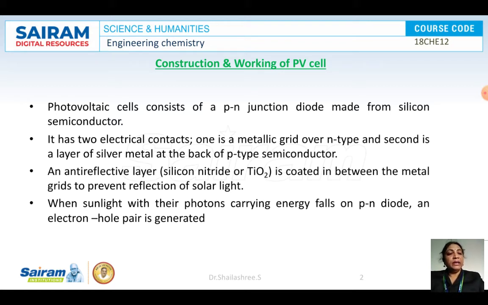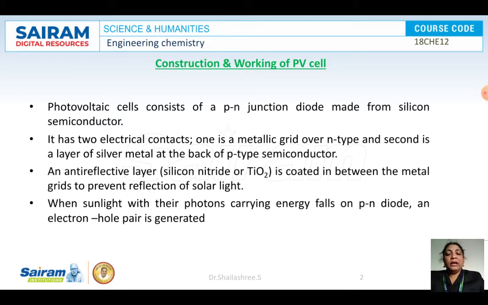How is it made? When silicon is doped with pentavalent impurities such as arsenic or phosphorus, you get N-type silicon. In the same way, P-type silicon is made by doping silicon with trivalent impurities like boron. After making the P-type and N-type silicon, they are carefully diffused.